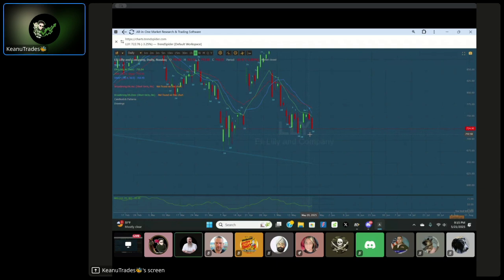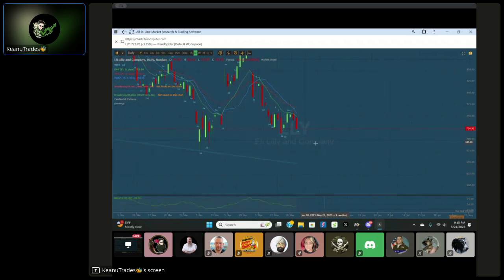And then what does it do after that? Well, it'll probably come down to make new lows. Bottom of the broadening formation, 654. That could be a few days out, but a little bit of divergence here. Money flow up, but they're still down.